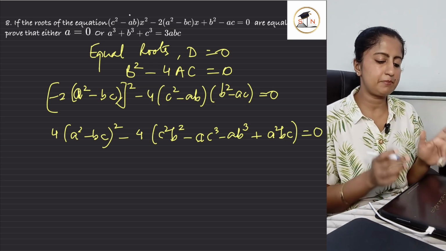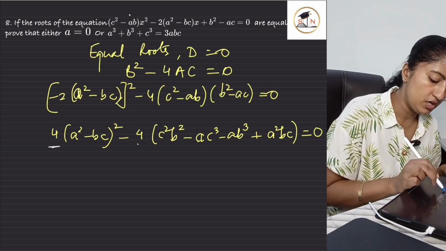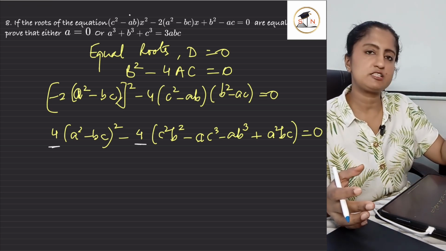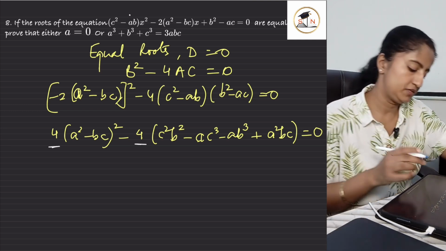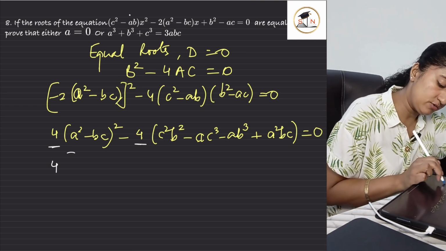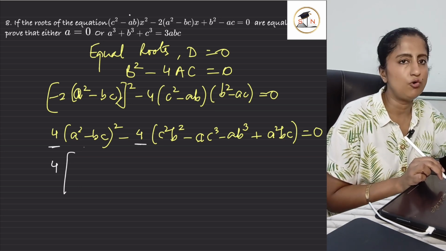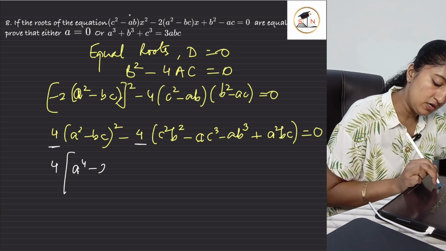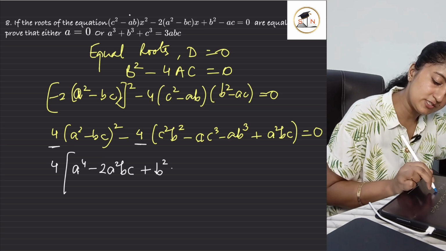Okay. In this step, what I'm going to do, I am actually going to take out this 4 common here itself without wasting a step in expansion. Now, 4 is taken out. Simultaneously, I will expand a square minus bc whole square. So that gives me a4 minus 2a square bc plus b square c square.